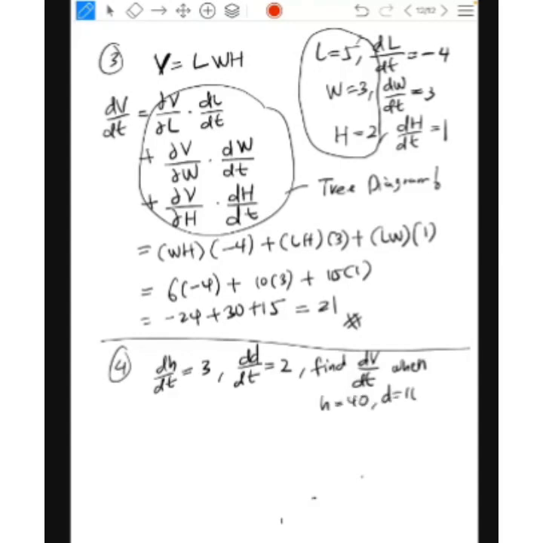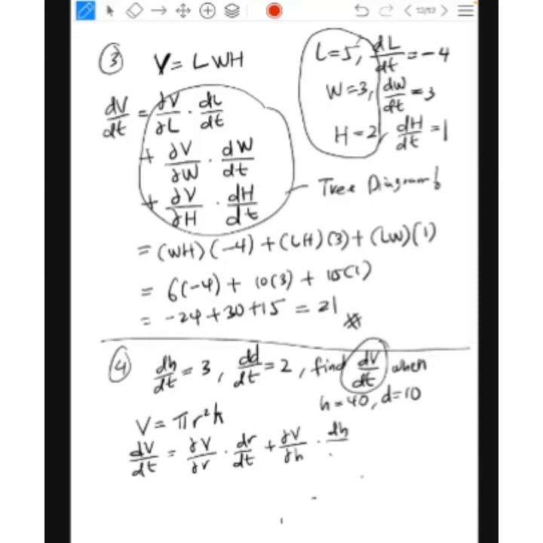So before anything, you have to find the volume of a cylinder, which is pi r squared times h. To find dV/dt, you have to find ∂V/∂r times dr/dt plus ∂V/∂h times dh/dt, because you have 2 different variables, so each variable must be differentiated.